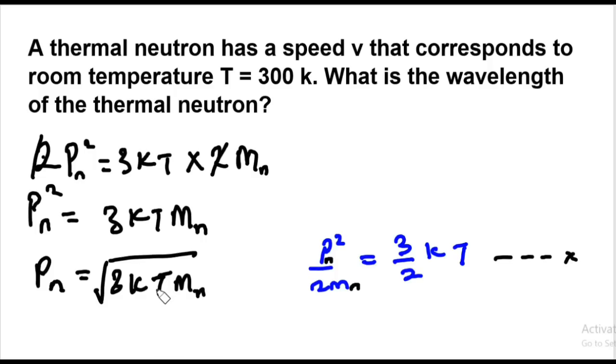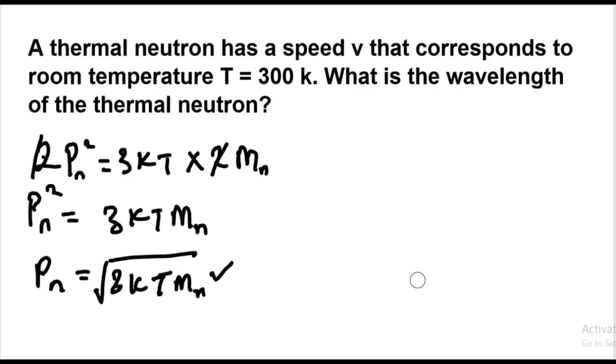So we have now found the expression that will help us get the momentum of the neutron. But the question is asking to find the wavelength of the thermal neutron.